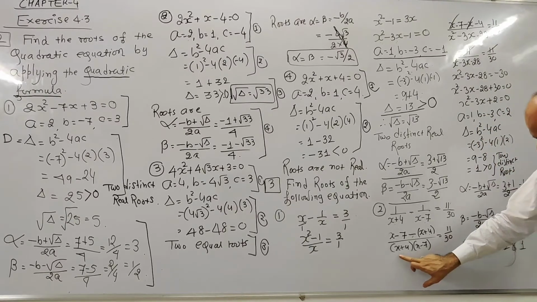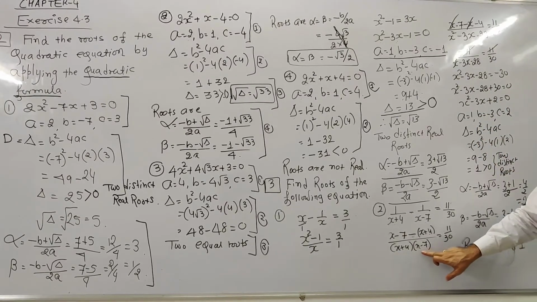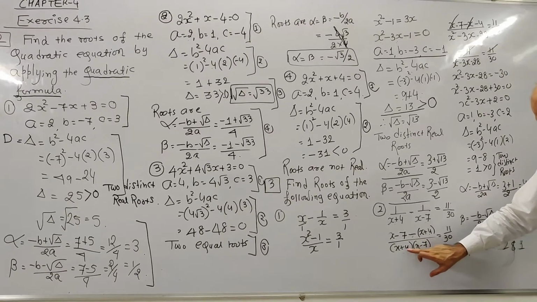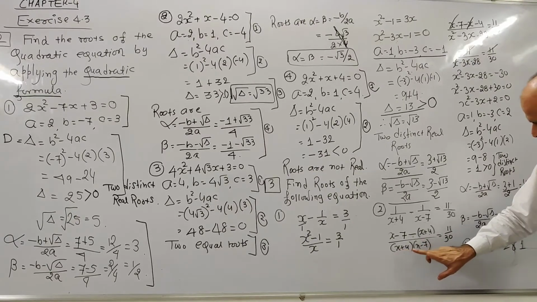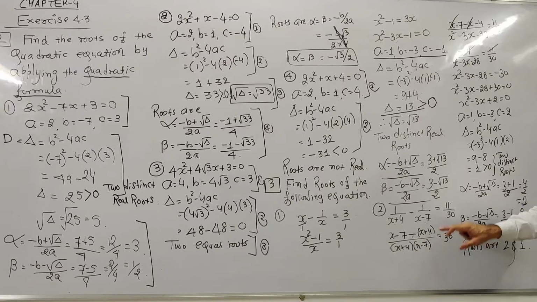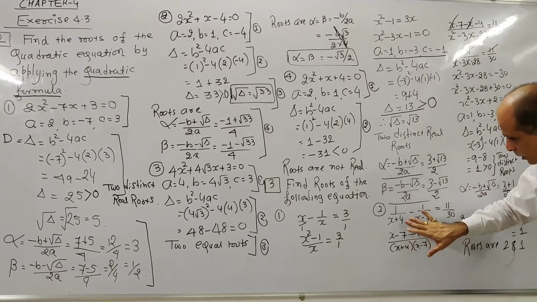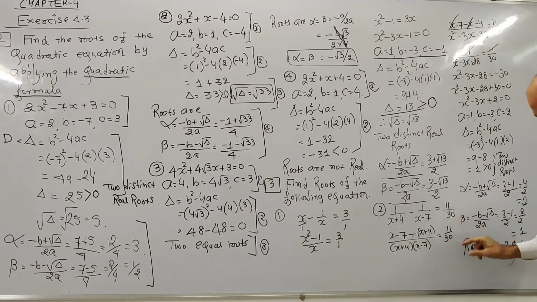If you multiply these two brackets x plus 4 and x minus 7, you get x square minus 7x plus 4x minus 28. Therefore you get x square minus 3x minus 28 in the denominator, and it is equal to 11 by 30.